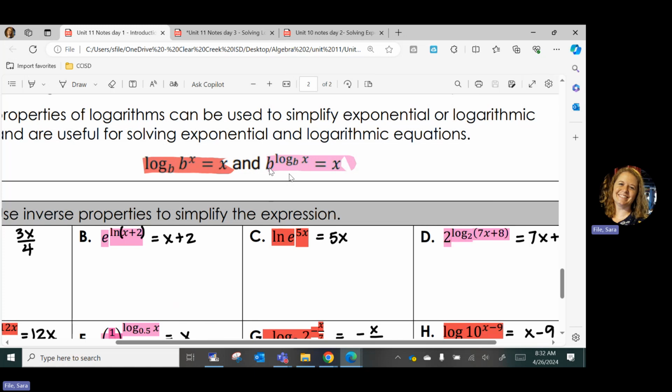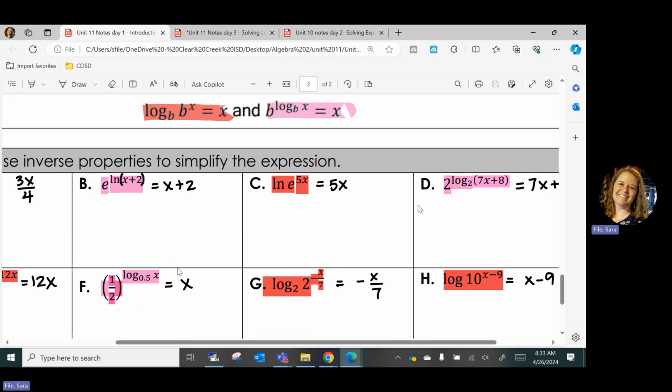We said if you have some base, B here, raised to the power of a log with that same base, those are going to reduce, and you're left with just the argument of the log, whatever was in there. Do y'all remember that? We practiced simplifying some of these.